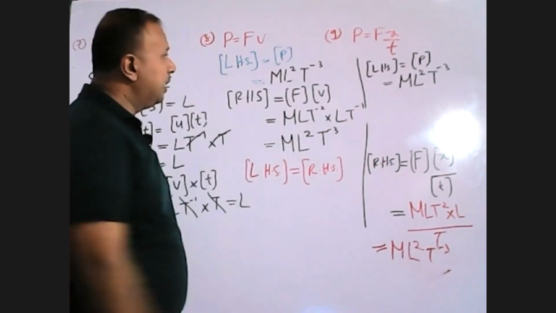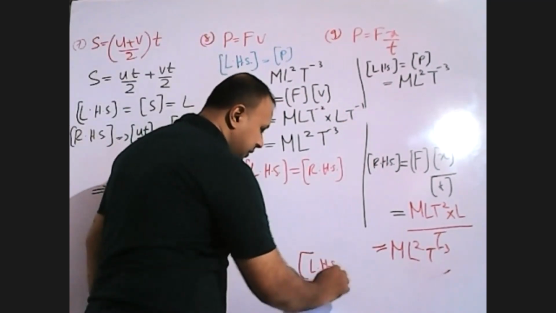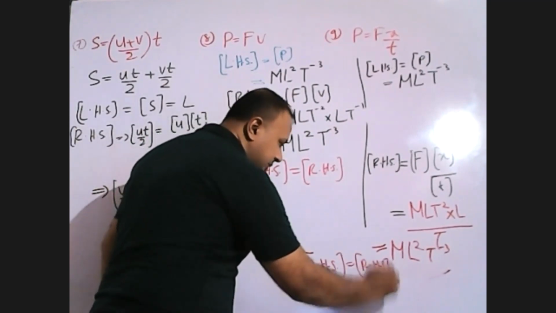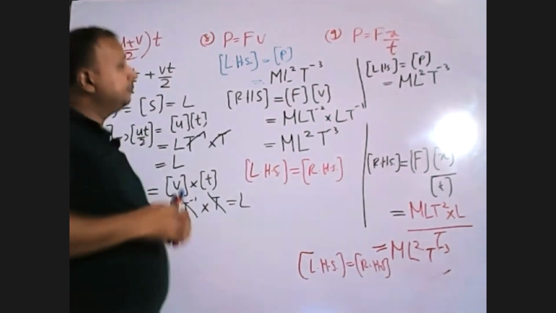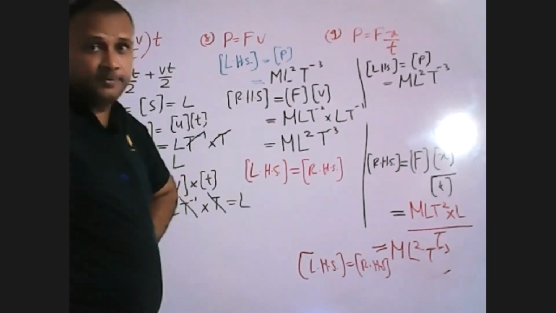From here, I can say the dimension of LHS equals the dimension of RHS. That means this equation is dimensionally correct.